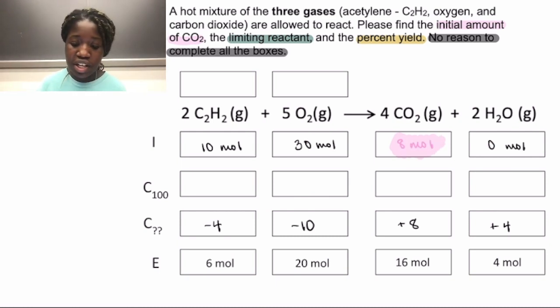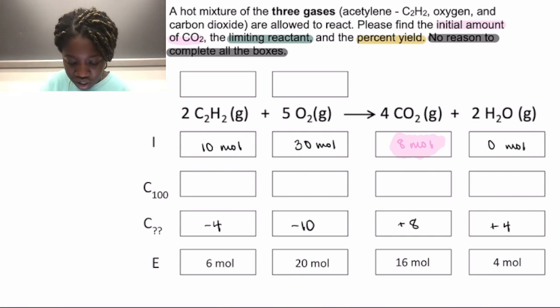Now, the next thing that we want to do is solve for the limiting reactant. And we can do that by finding the mole reactions of our reactants, acetylene and O2. And this will go right here above these boxes. And you find the mole reaction by taking the initial amount divided by the coefficient in front of our reactant.